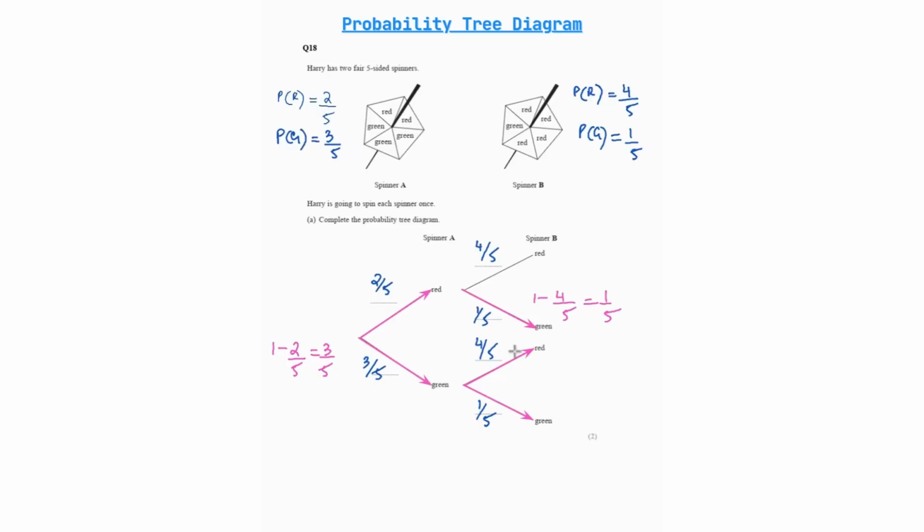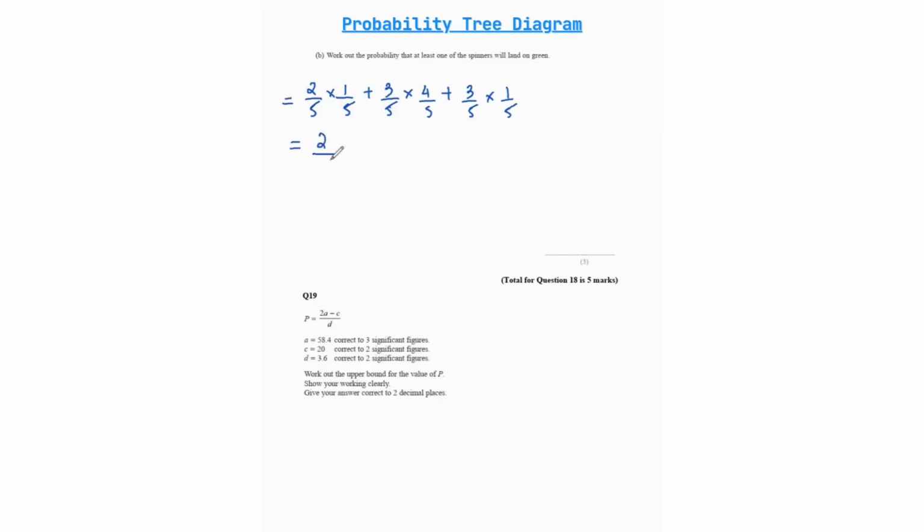So what we'll do is 2 over 5 times 1 over 5, or 3 over 5 times 4 over 5, or 3 over 5 times 1 over 5. That's 2 over 25 plus 12 over 25 plus 3 over 25, which is equal to 17 over 25. That is the probability of the spinner landing on green at least once.